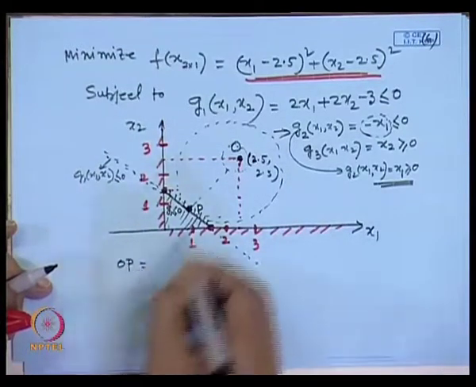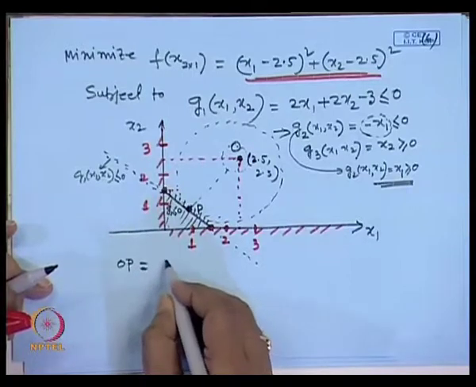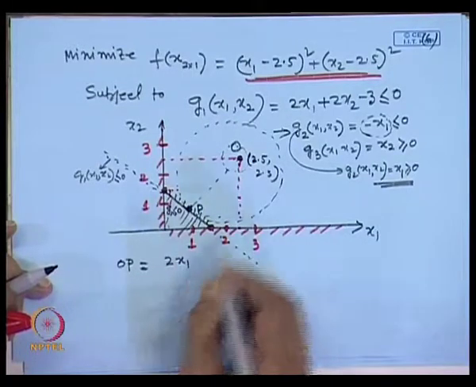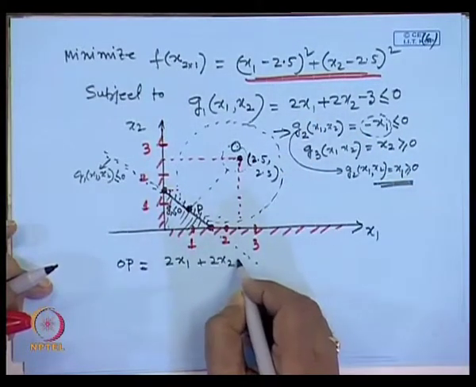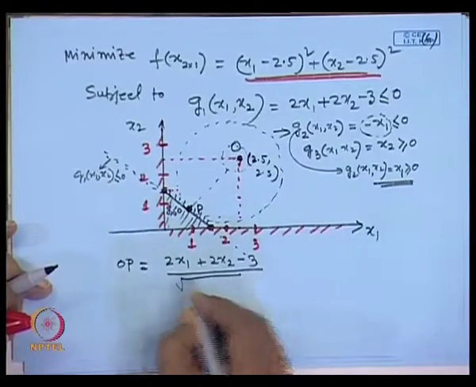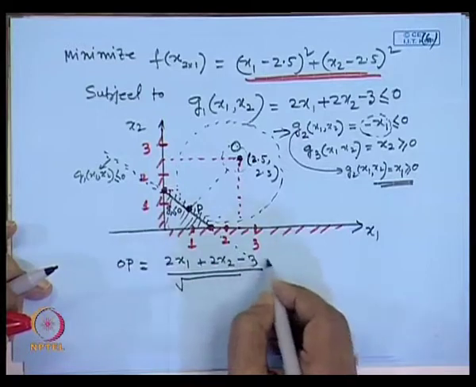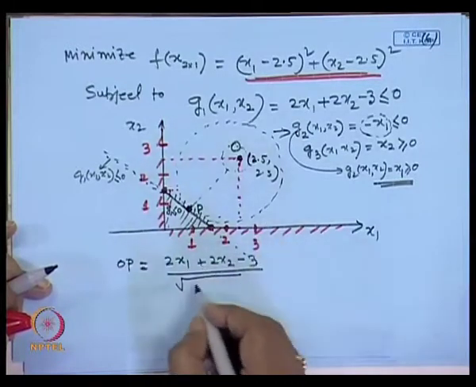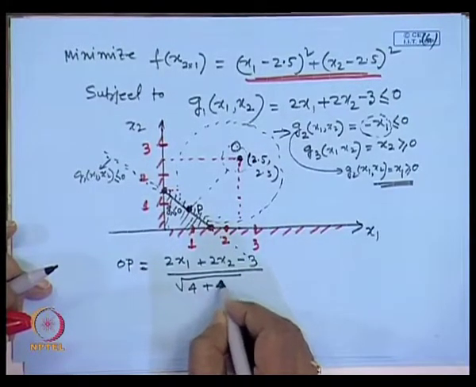You can find OP, the perpendicular distance, by coordinate geometry: 2x1 plus 2x2 minus 3, divided by the square root of the sum of squares of the coefficients of ax plus by plus c, that is the square root of 2 squared plus 2 squared, that is 4 plus 4.